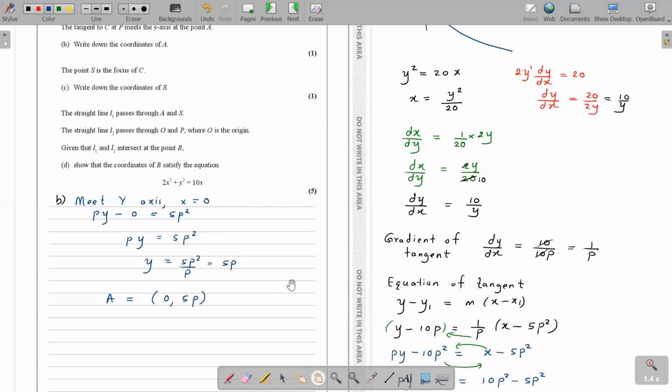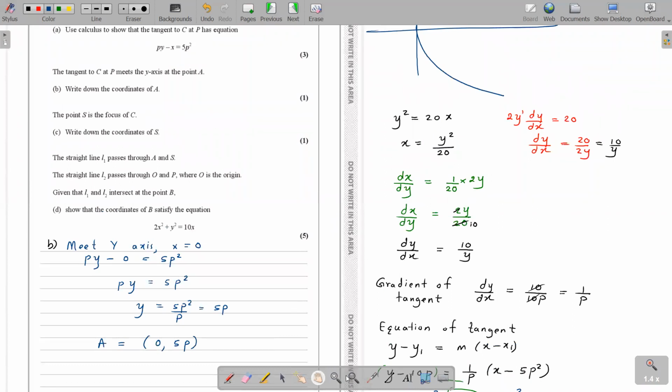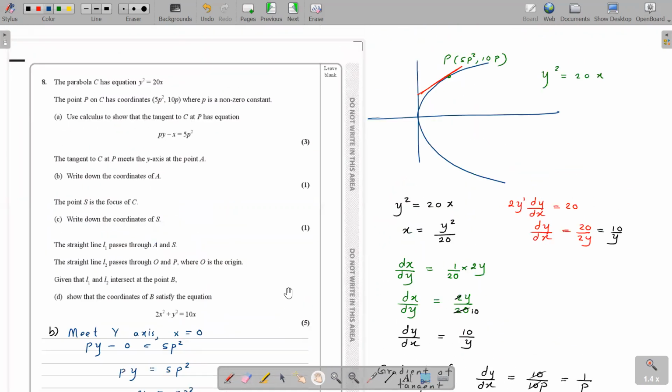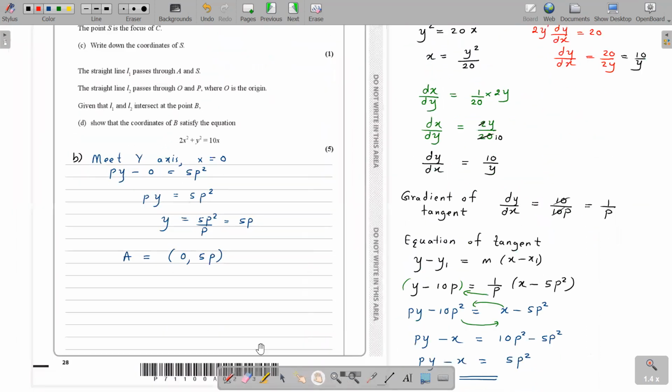Move on. Next, the point S is the focus of C. Write down the coordinates of S. Okay, the focus coordinates of a parabola. These are things that you need to already remember. A parabola equation is supposed to be in the format y square equals 4ax and the focus will be a comma 0, and the directrix is at x equals minus a. So those are the rules. So if you have y square equals 20x, then what is the focus?